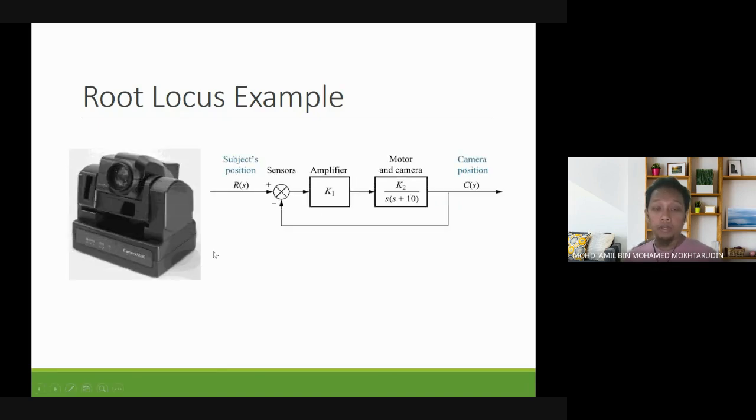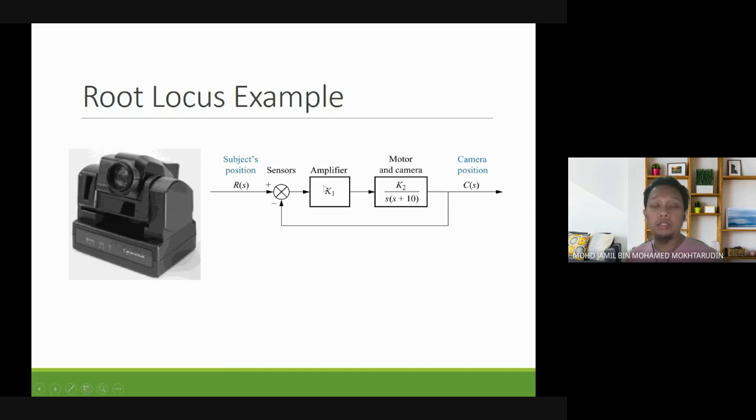So let's say you have a motion camera or a CCTV or any camera that can move. The lens can move automatically. So maybe this camera is put on the ceiling. Maybe the system of this camera has the following block diagram. It has an input, which is the subject position, and some sensor.